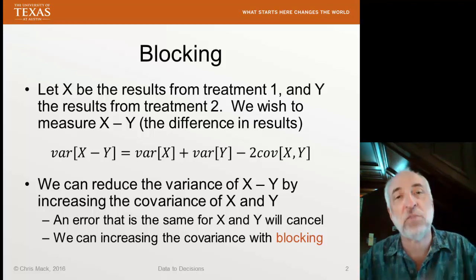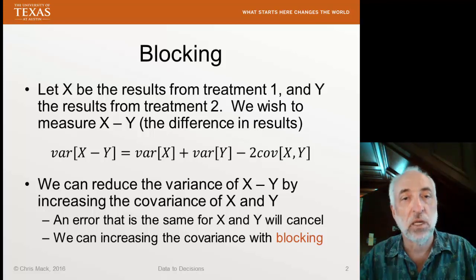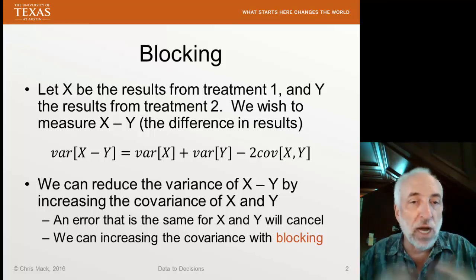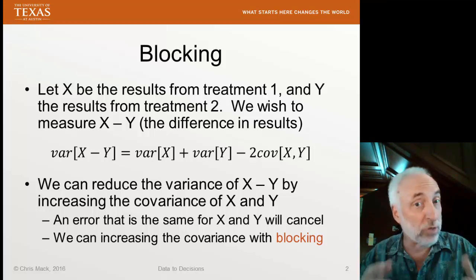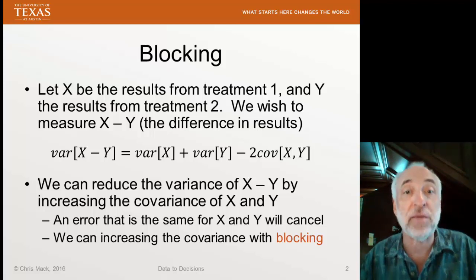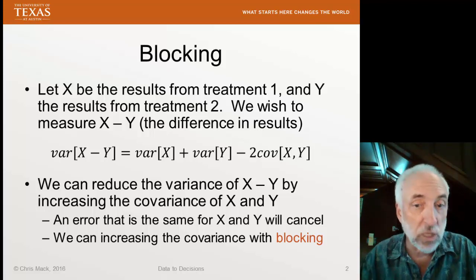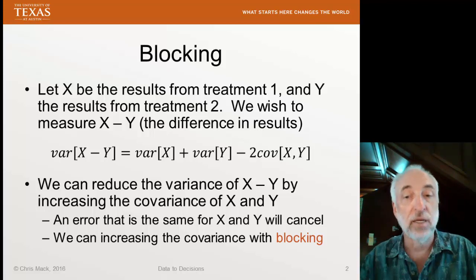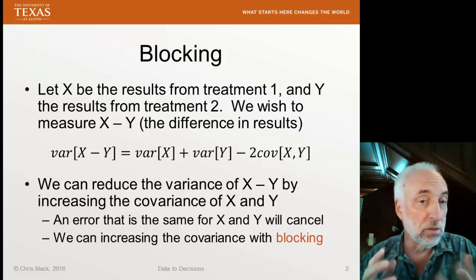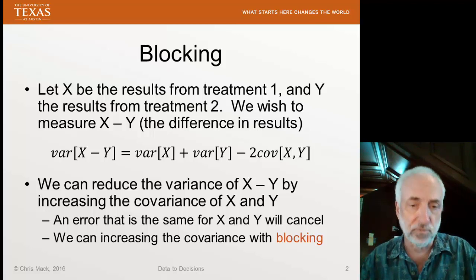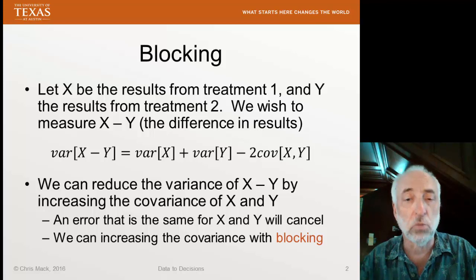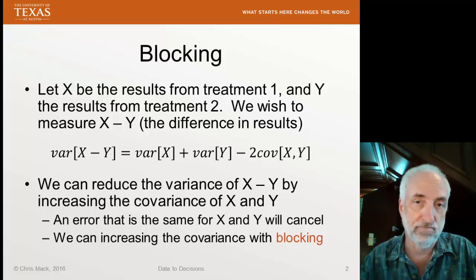And if I can construct my experiment so that the measurement of X and Y happen in a way that whatever random errors occur are likely to affect both of them the same, that's the same thing as increasing the covariance between those measurements, and we will lower the variance of the difference. We use a technique called blocking to achieve this.